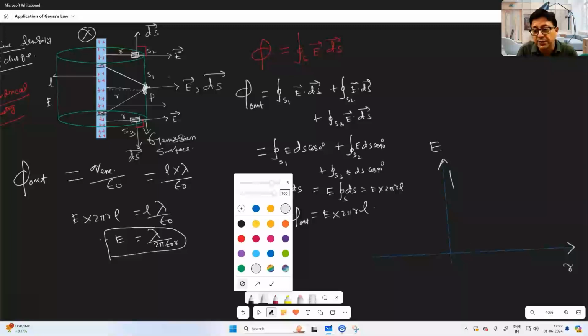So the situation is going to be like this, symmetric about both the axes. This is the graph of E proportional to 1 by R, or E equal to lambda by 2 pi epsilon naught R. Clear?